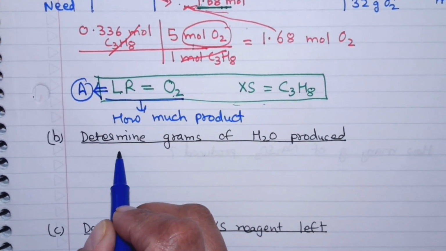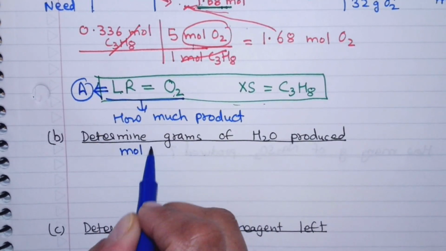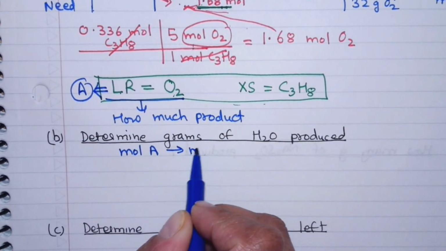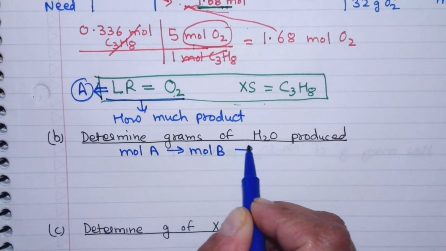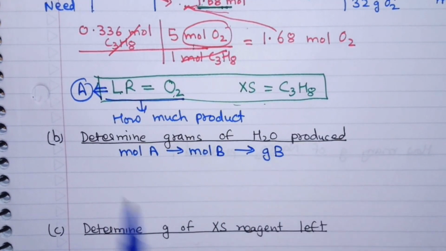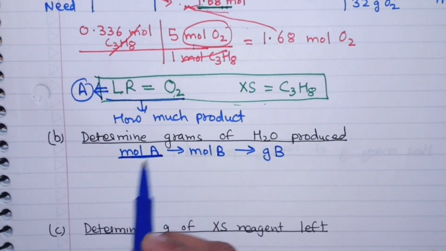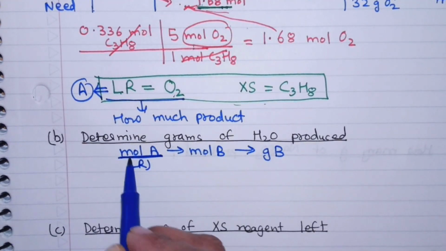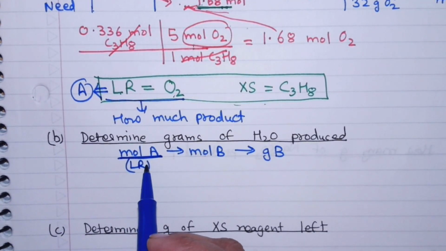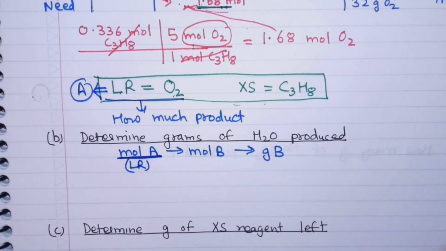Limiting reagent is your A value that you start with. So you are going to go from moles of A to moles of B to grams of B. Now this time moles of A is your limiting reagent. We already calculated the moles of A, didn't we? Right?